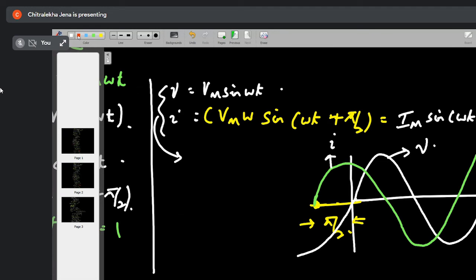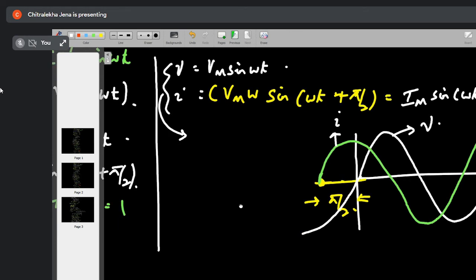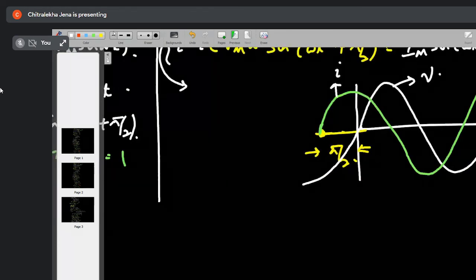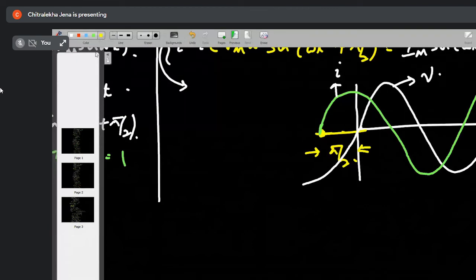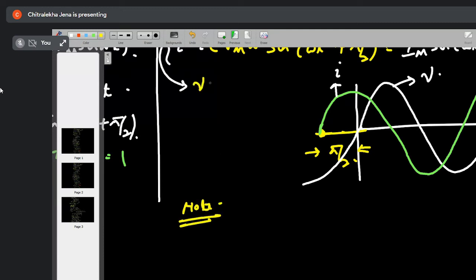So what are you concluding between voltage and current in a pure capacitor with an AC supply? Here I am writing a note. You are getting V equal to Vm sine omega t, and current I equal to Im sine omega t plus pi by 2.